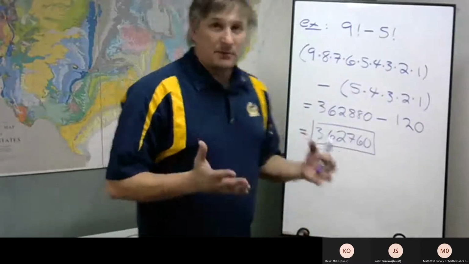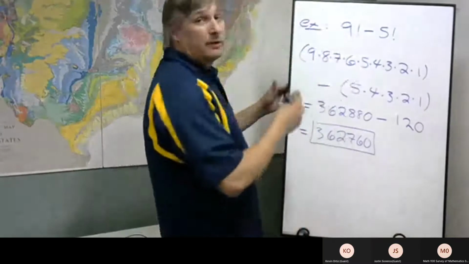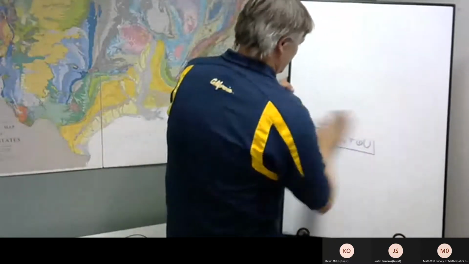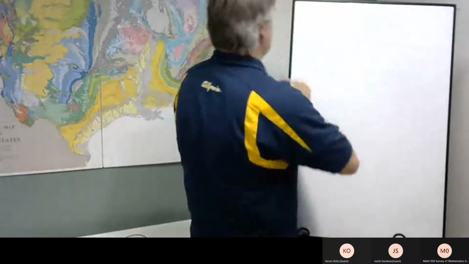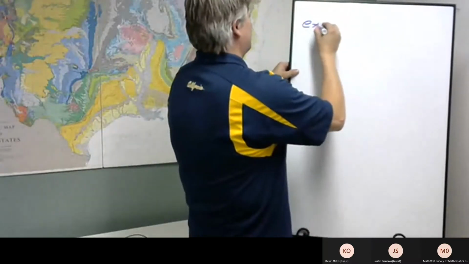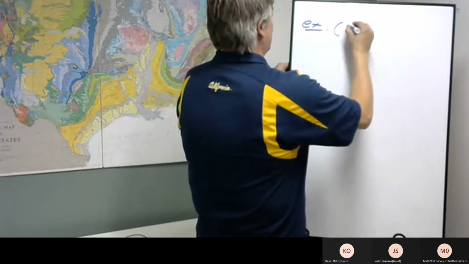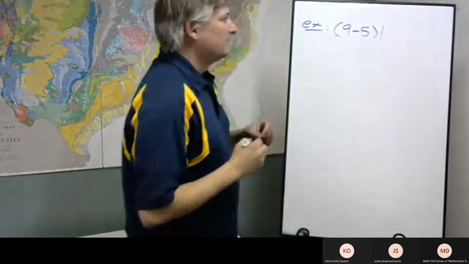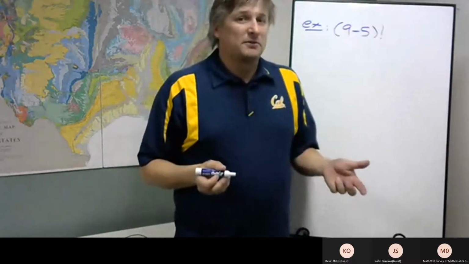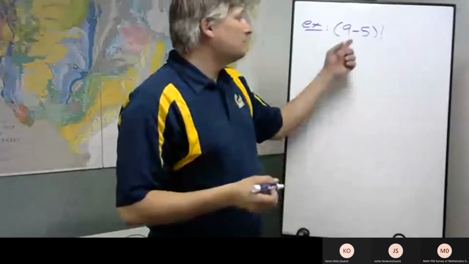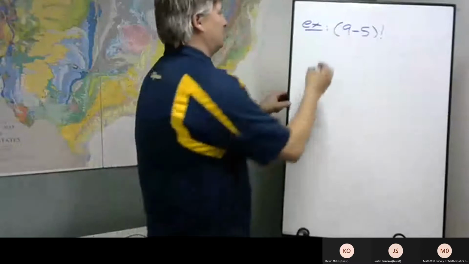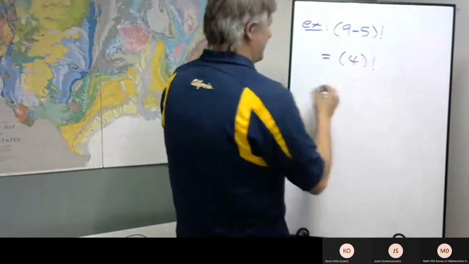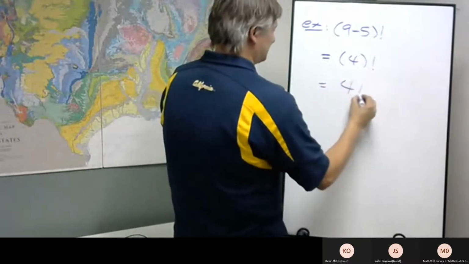Now, something else that could come up though, what if we have this? Now, in this case, you have parentheses. So what you're going to want to do is do what's in the parentheses first. So this will be 4 factorial, or just 4 factorial.